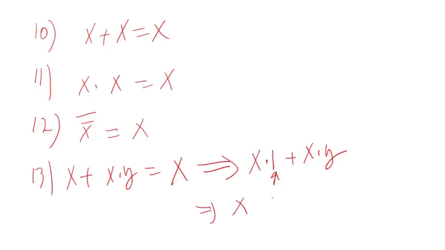So it's the same as x and 1 or y, right? So this here will always equal 1 regardless of what y is. Then I would have x and 1, which is equal to x.